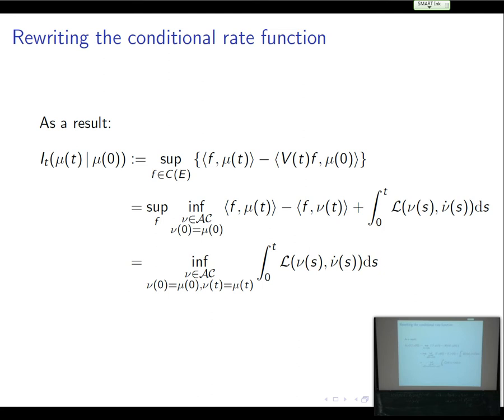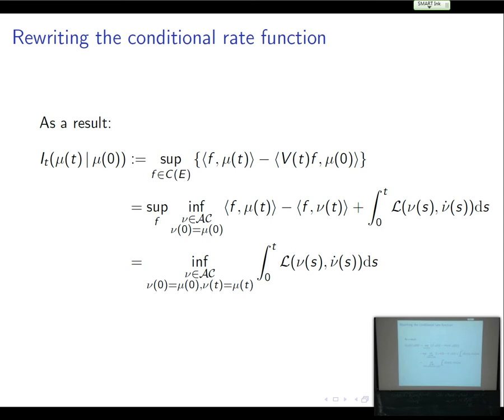Yes? Yeah, so this is the argument. Suppose we're able to change them around. Well, then, of course, we have a fixed trajectory, and then we start to take the supremum over f. Because we have a fixed trajectory, this Lagrangian part doesn't change. So what is left is the difference of these two pairings.